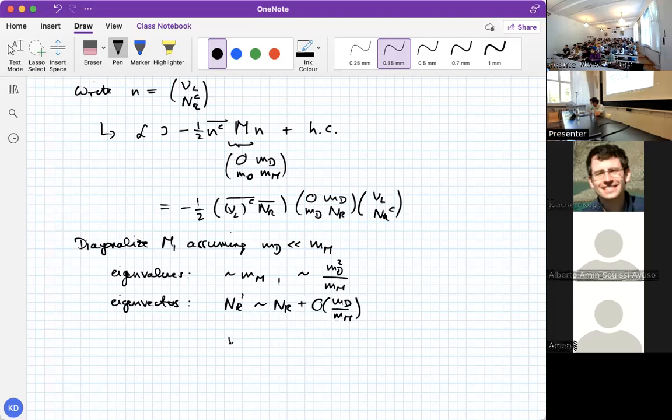And there is an eigenvector that is very similar to what used to be the nu_L field up to an order M_D over M_M correction. And that correction, well, I should also tell you what field this is proportional to. Well, it's always the other field. So nu_L plus N_R charge conjugate.